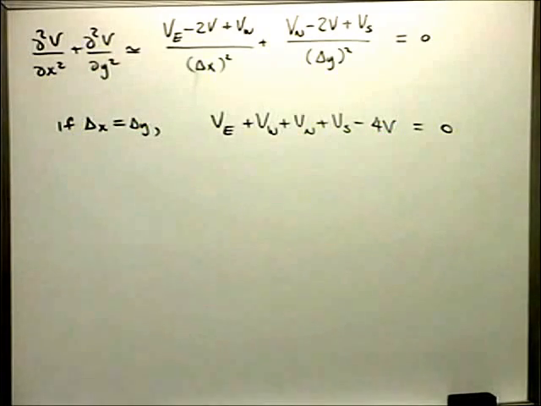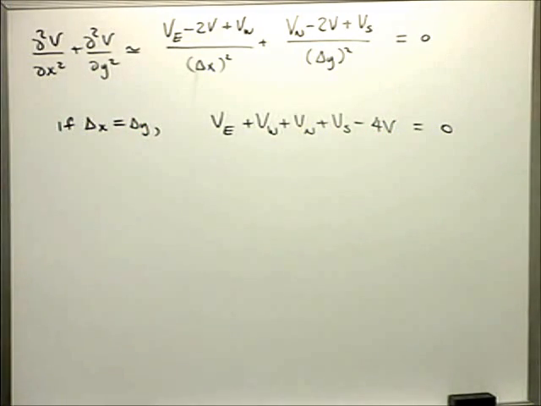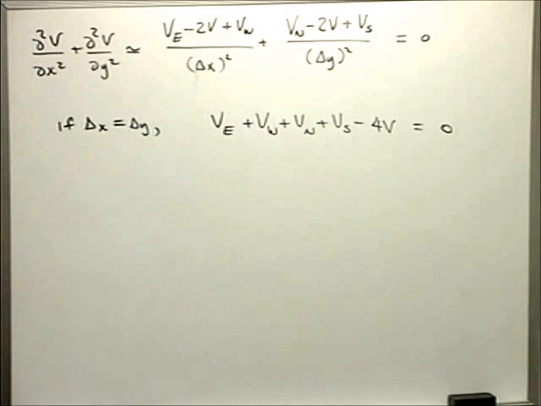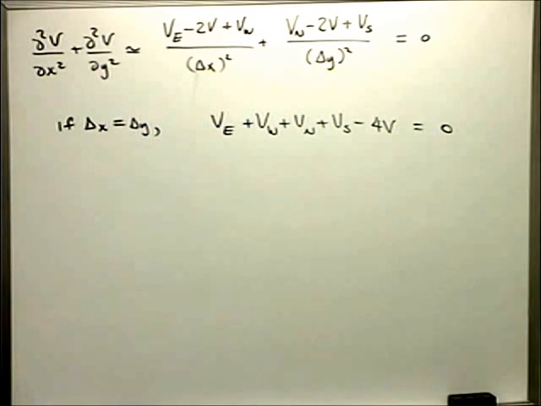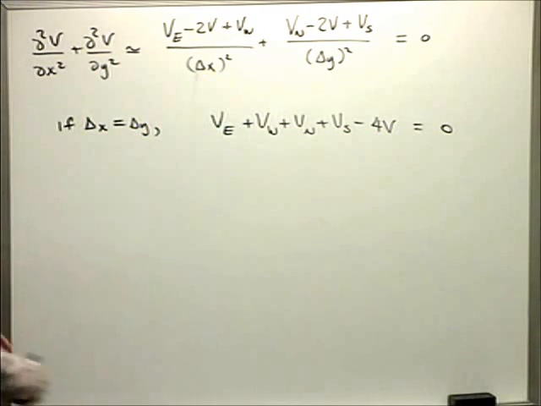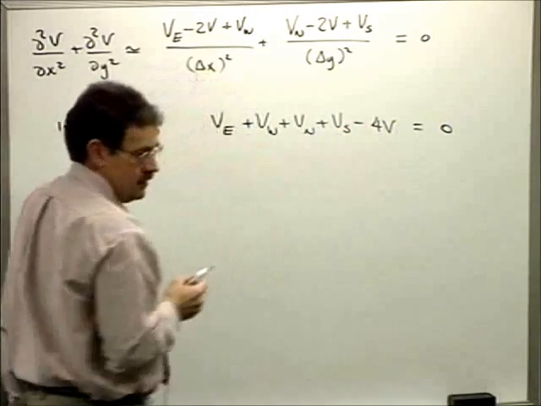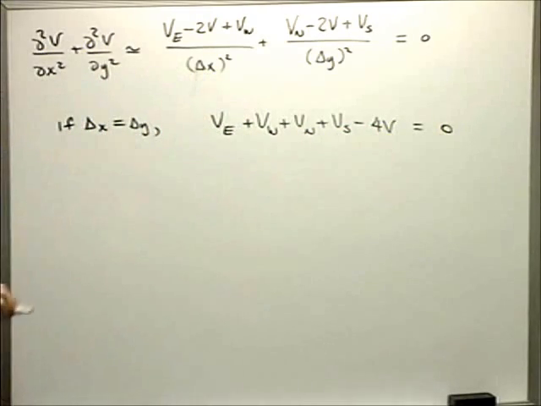And we can just drop the denominator out of there, and we're left with this equation. And you can see what that equation is doing is basically forcing the voltage in the center to be the average of the 4 voltages around it.